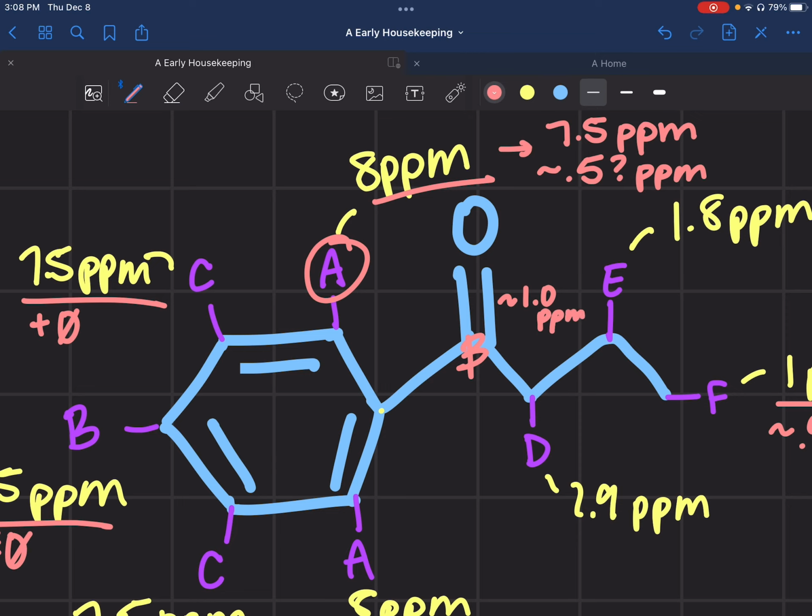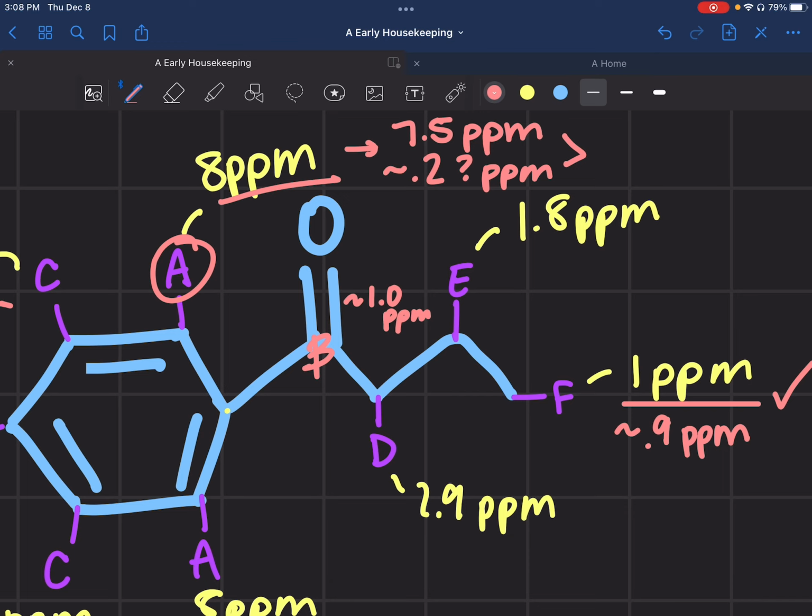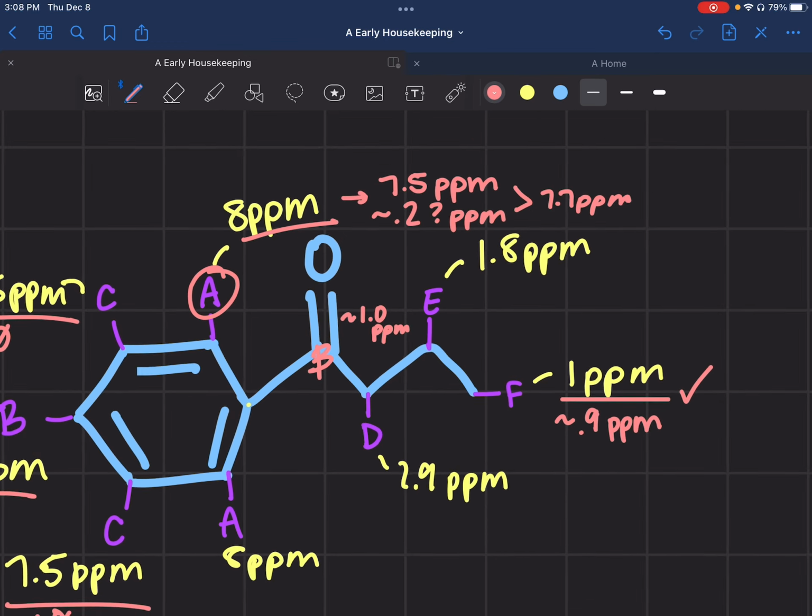Because if the ring was directly connected to this carbonyl group, it would have added an entire 1. But because it's beta to the position, it's going to add, I believe, 20%, so 0.2, which will give us a value of 7.7 ppm. Again, these are all estimates.